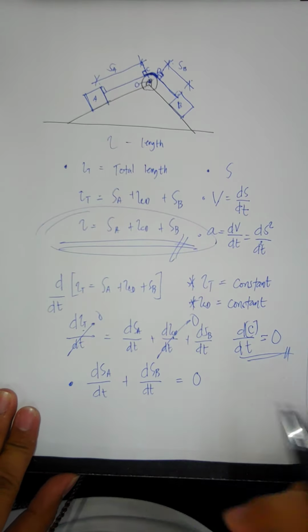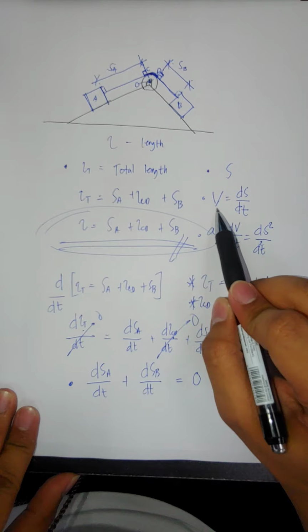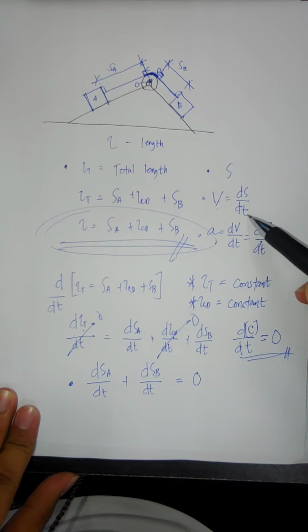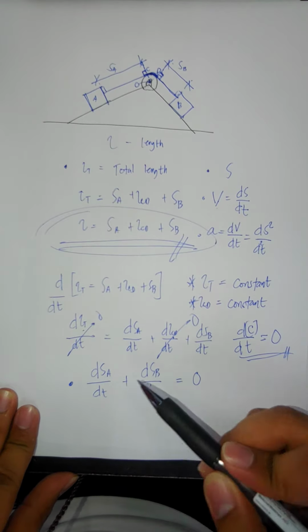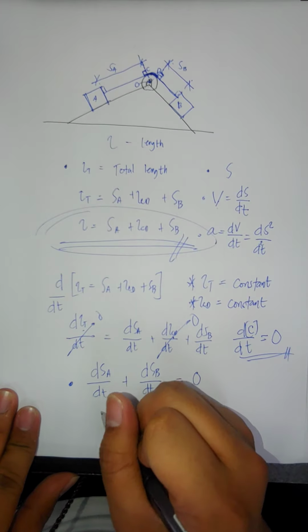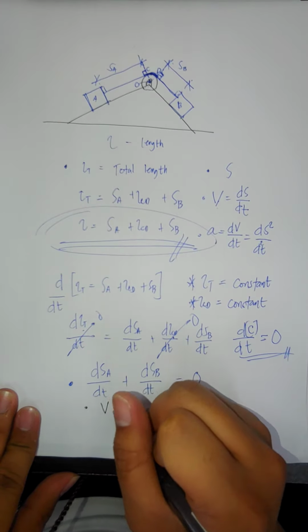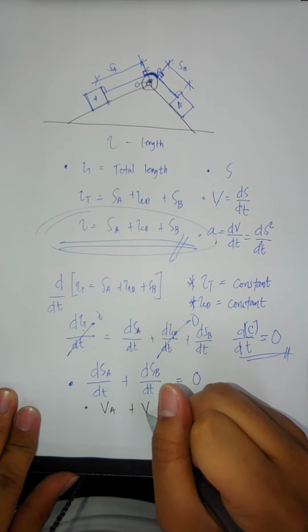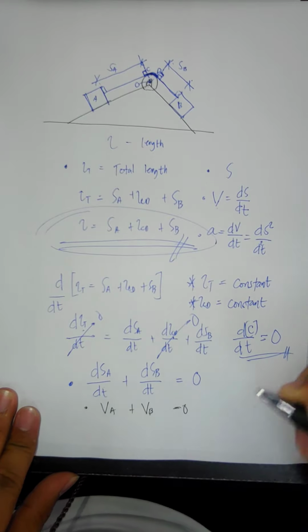Yan sa, pasabot ani again, the velocity is derivative of position with respect to time. So this is position A, position B. Therefore, we can rewrite this equation like this: velocity of A plus velocity of B is equal to 0.